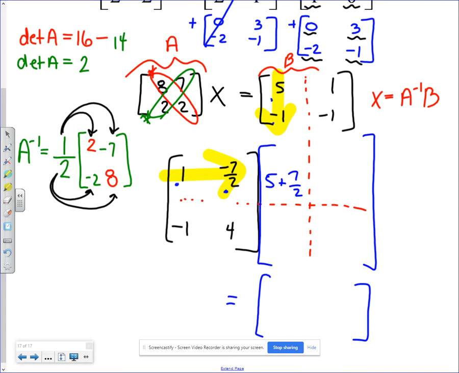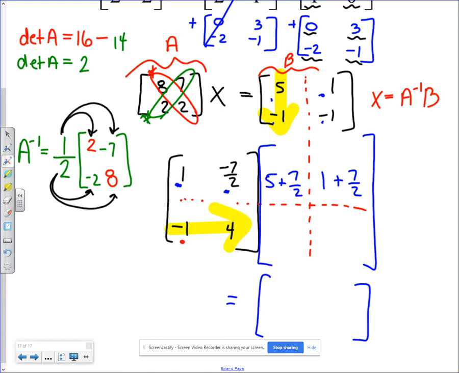So now, let's slide the arrow over here. 1 times 1 is 1, plus negative 7/2 times negative 1 is going to be positive 7/2. Now let's use the bottom row in this column.